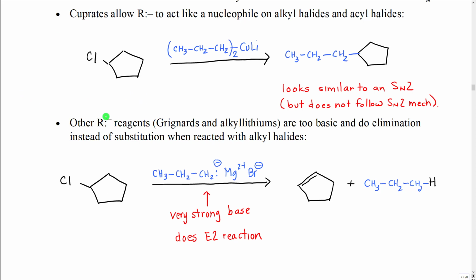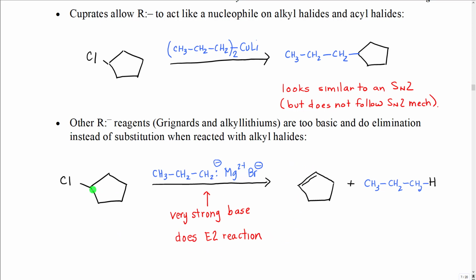If we were to attempt to do this with other carbon minus reagents, for example a Grignard reagent, which has a negative carbon alkyl group that could act like a nucleophile, what we would see is that Grignards and alkyl lithiums are too strong of bases. If we go back and look at our nucleophilic substitution and elimination table showing the preference for various substrates, we would see that very strong bases prefer to do E2 with secondary substrates.